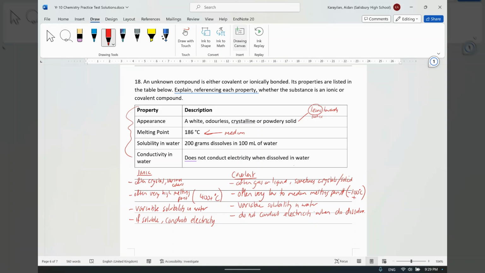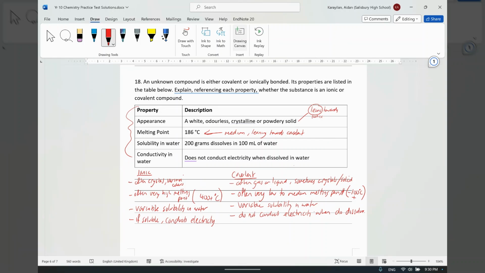So I'd say medium, probably leaning towards covalent. As I said, ionic can normally be 400 plus, and this is under that, so maybe leaning towards covalent. I'm sure there are ionic substances with melting points this low though. So, solubility in water. 200 grams dissolves in 100 mils of water.